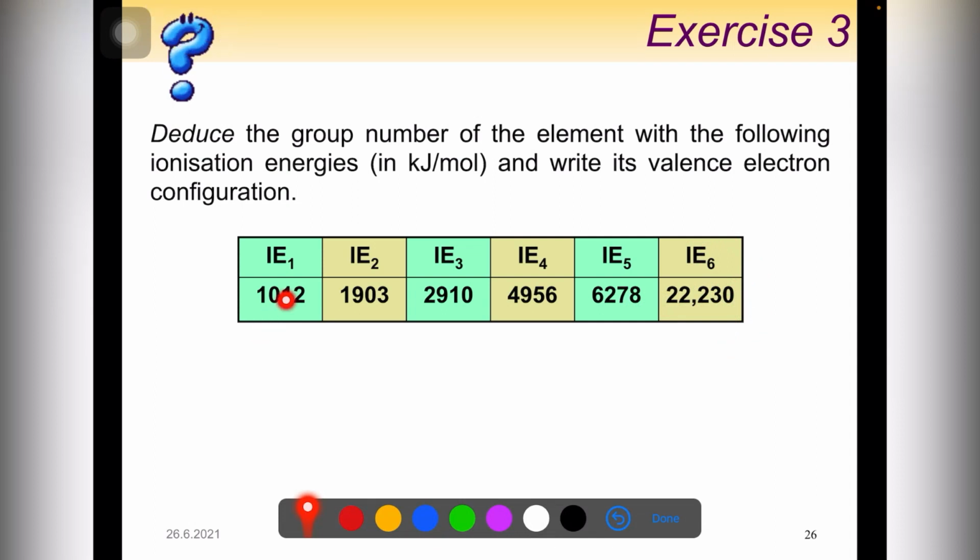So there are 1, 2, 3, 4, 5, so 5 valence electrons. It shows that this element has 5 valence electrons and it is in group 15. 5 plus 10, so it is 15.